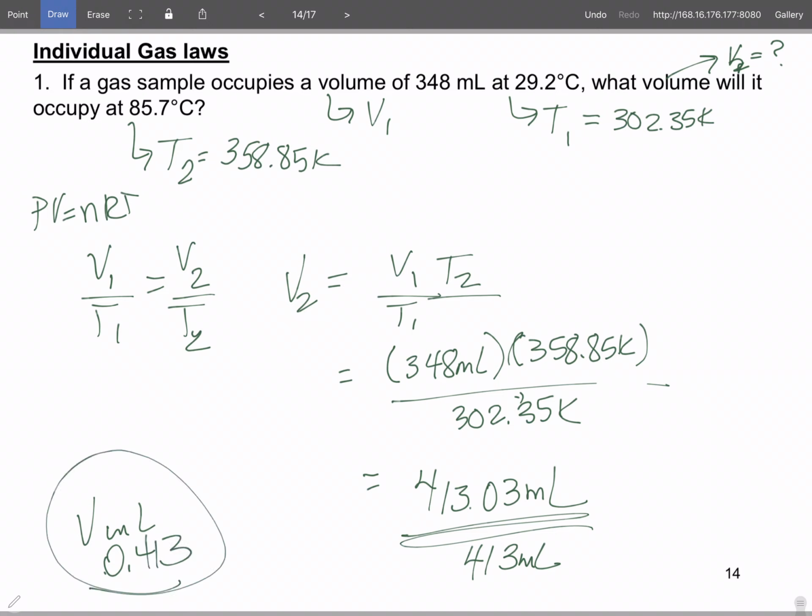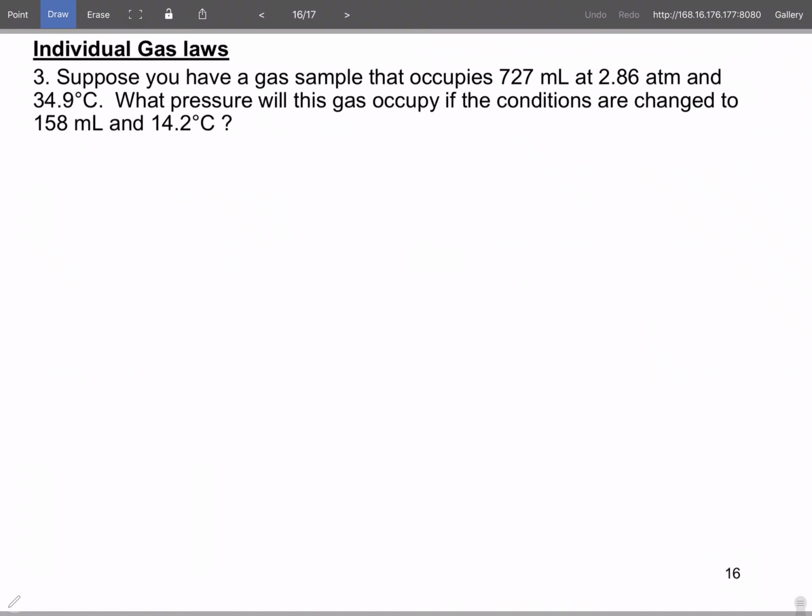If I don't specify, you can give me in milliliters. Being D2L in quizzes are a little annoying. I will specify only because you've experienced that twice now. So the bottom line is we just work the problems and set it up.